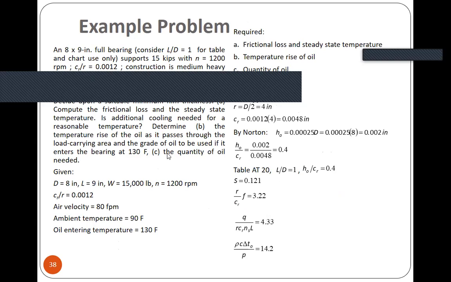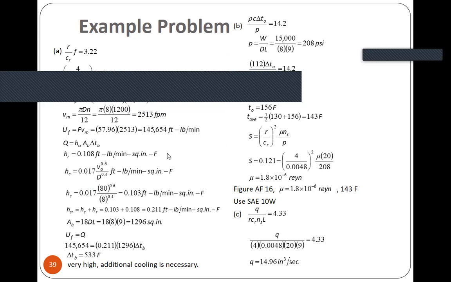And what oil should you use? So, how is that? T sub I is 130 Fahrenheit, T sub O is 156. The average is one half of 130 plus 156, or 143 Fahrenheit. Then the Sommerfeld number is R over CR squared times mu N over P. Here there is a mu, and from that mu you get the viscosity. From the viscosity, you get the type of oil.